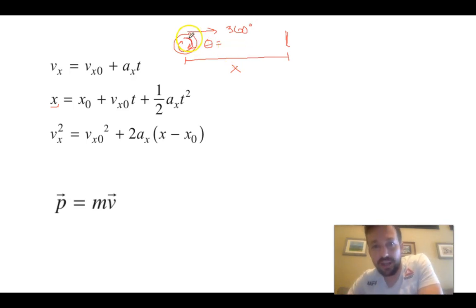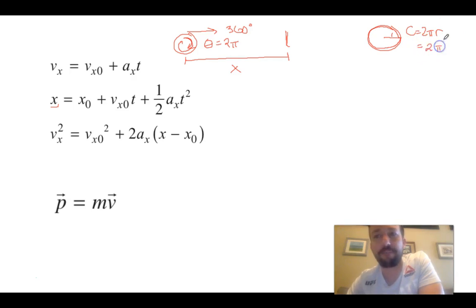And remember, in a circle, the number of radians in a circle is 2 pi. And I know that's a little weird, but it's not that complicated. It's based off of a circle with a radius of 1. And so if you figure out the circumference of that circle, remember, circumference is 2 pi r, and we're just plugging in 1 for r, giving you a circumference of 2 pi.